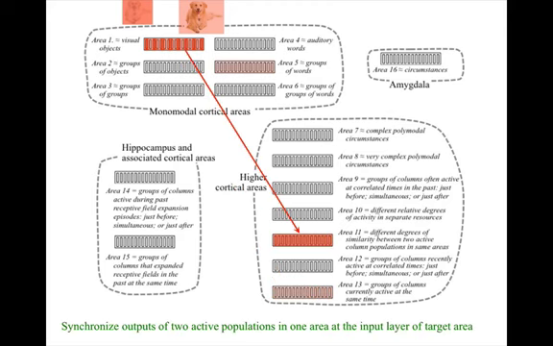Next, the outputs of the two populations in area 1 are synchronized and released to area 11. And this area 11 discriminates between different degrees of similarity in two populations of active columns in the same area. Now remember that one of the populations in area 1 corresponds with the indirectly activated dog image, and the other population corresponds with perception of an actual dog.